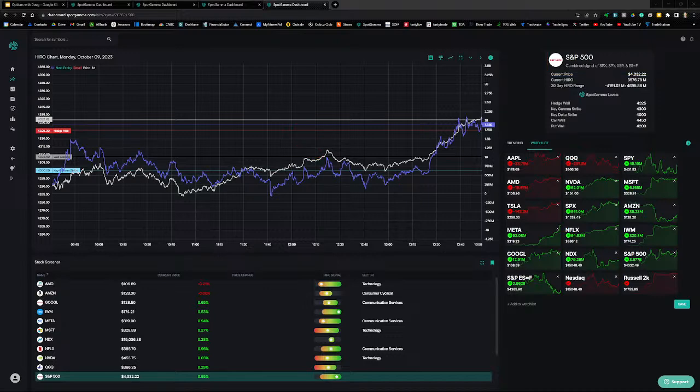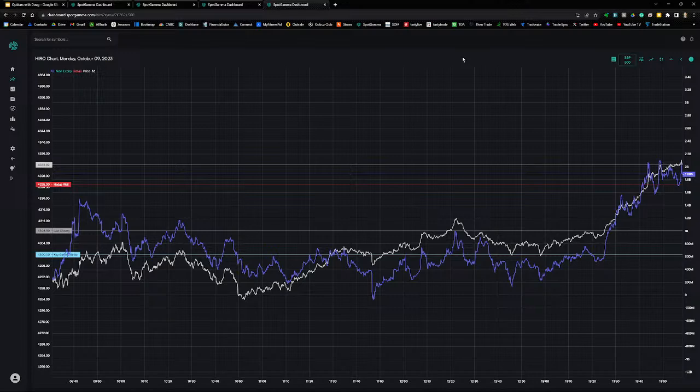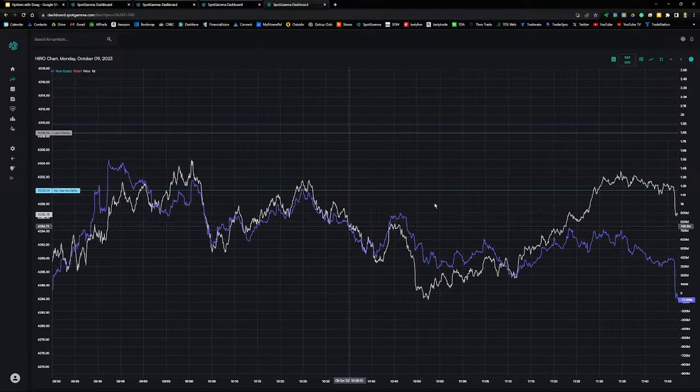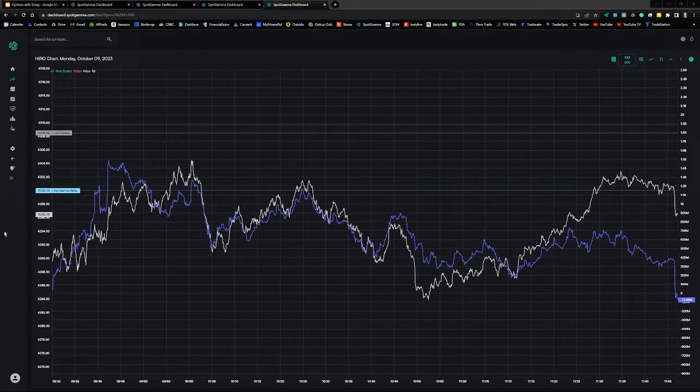All right, let's zoom in on this chart. And I'm going to focus on just some morning setups. So first of all, right after the cash open, whoops, wrong tool.